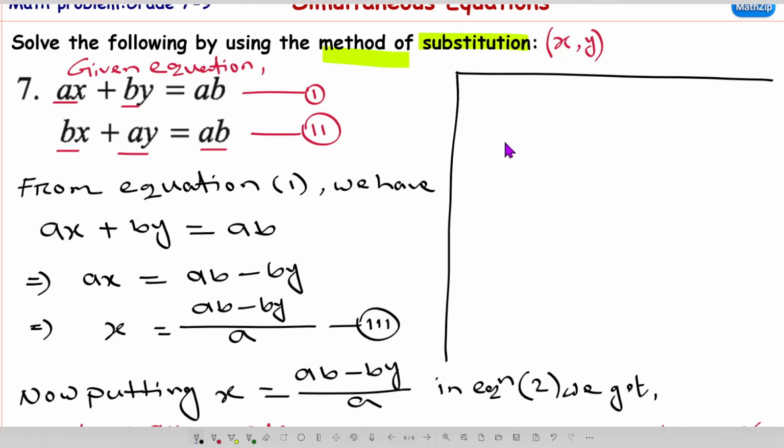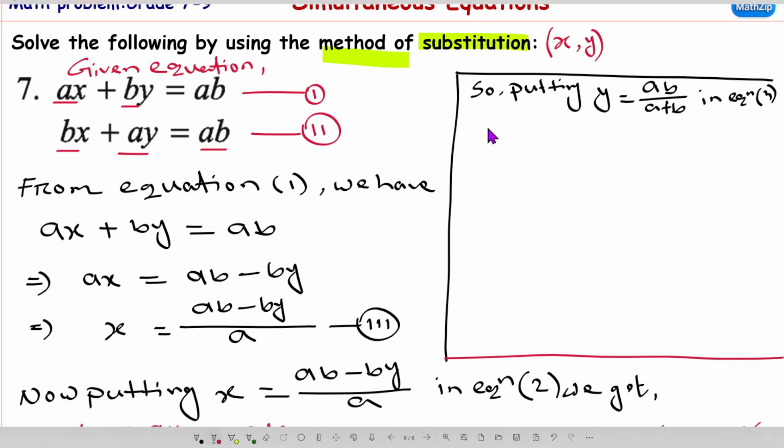So we can write, putting y equals ab divided by a plus b in equation 3, x equals ab minus by divided by a.